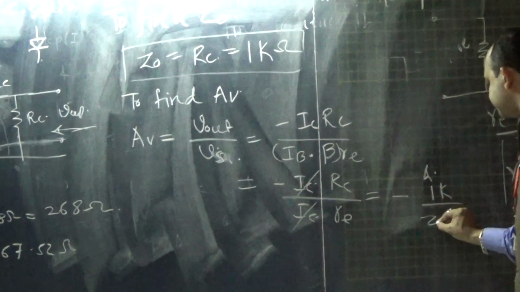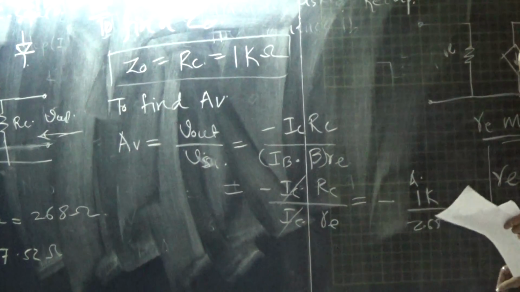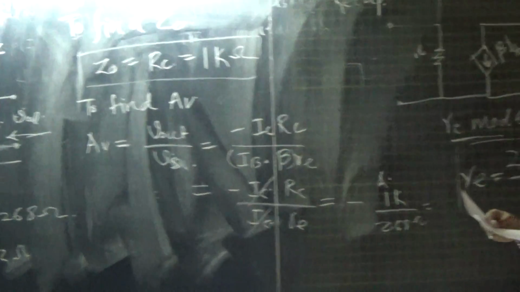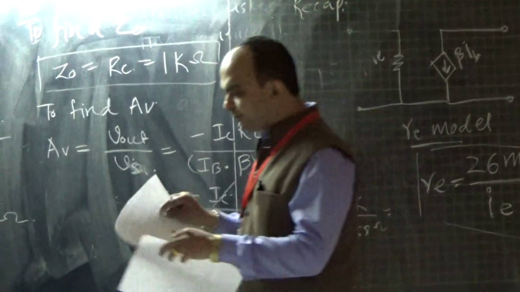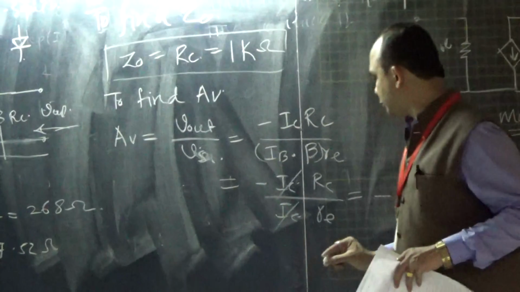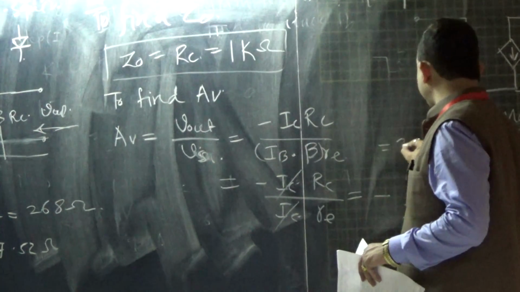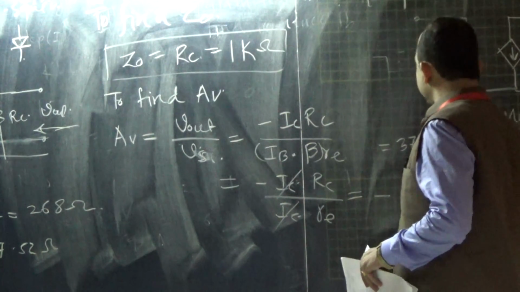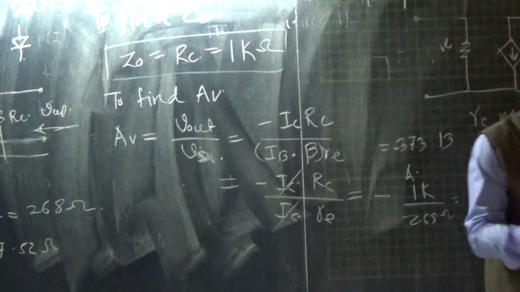Tell me what is this ratio? 373.13. Very good. 373.13 with minus sign. What does this minus sign indicate?